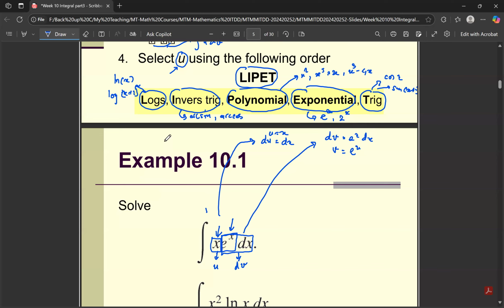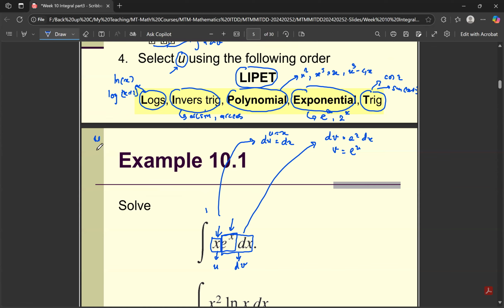Next, for the formula of integral by parts, we must know these columns, this notation.